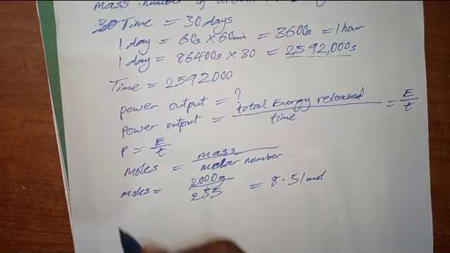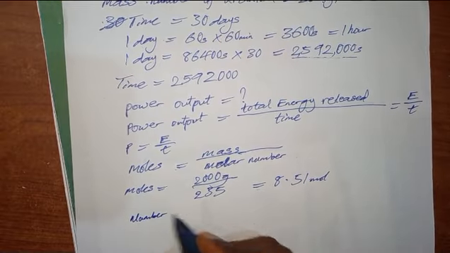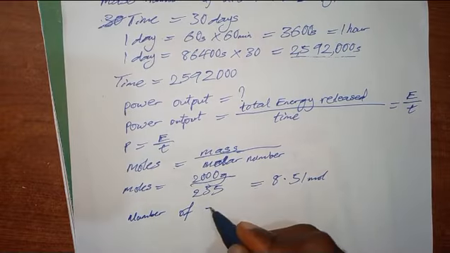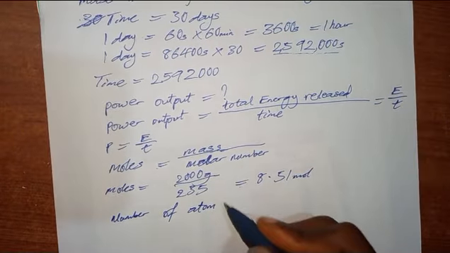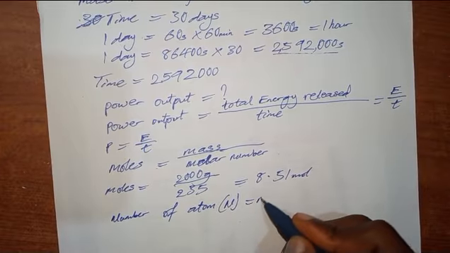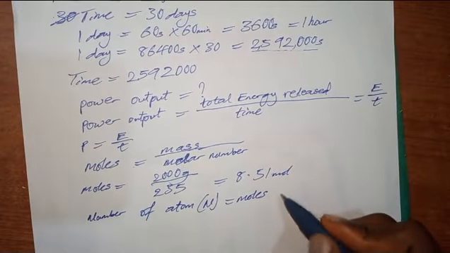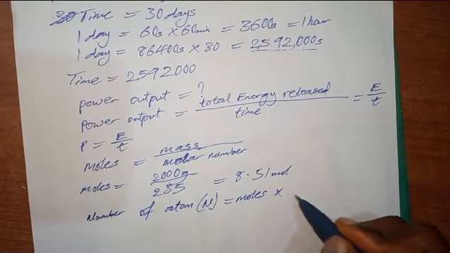After finding the moles, you need to calculate the number of atoms. Let's represent it as N. N is equals to the mole you just calculated times Avogadro's number.